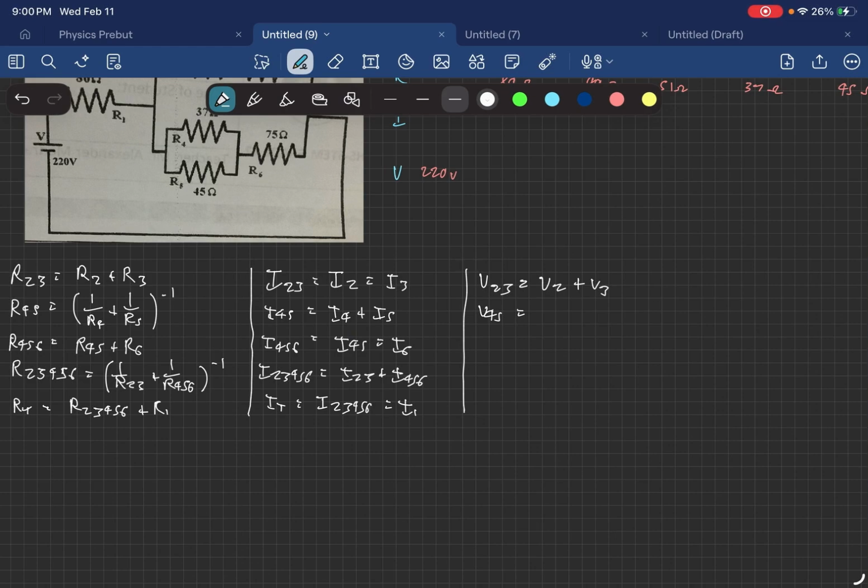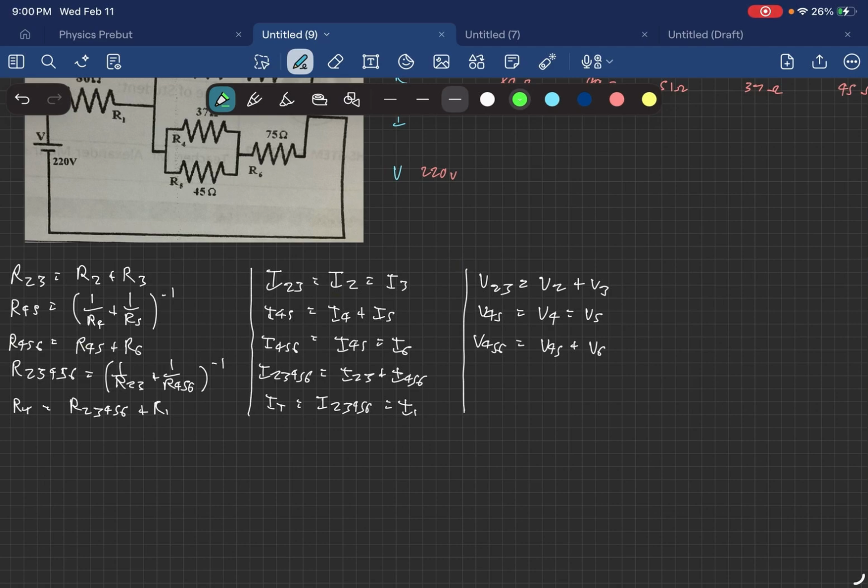I hope that's understandable. So V4 equals V5. V456 is V45 plus V6, because series means you add them. Actually, you don't have to keep going back and checking whether it's series or parallel.